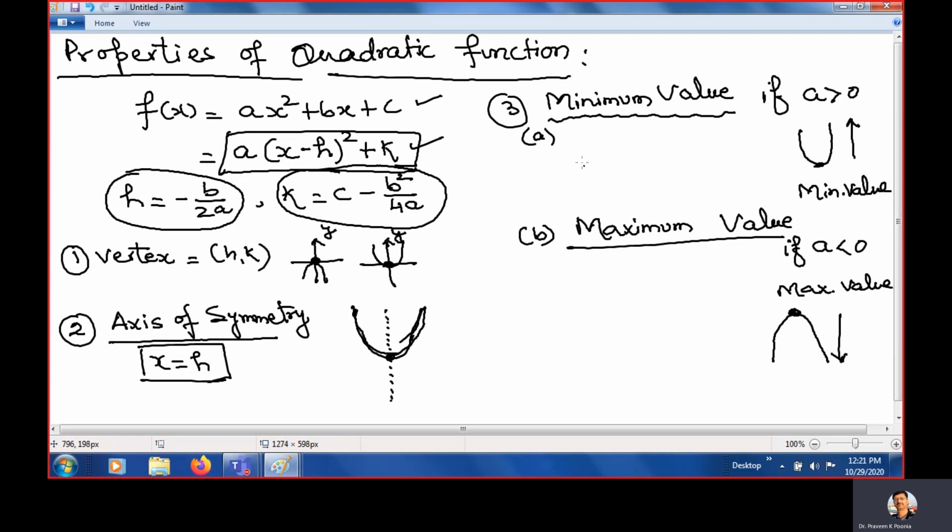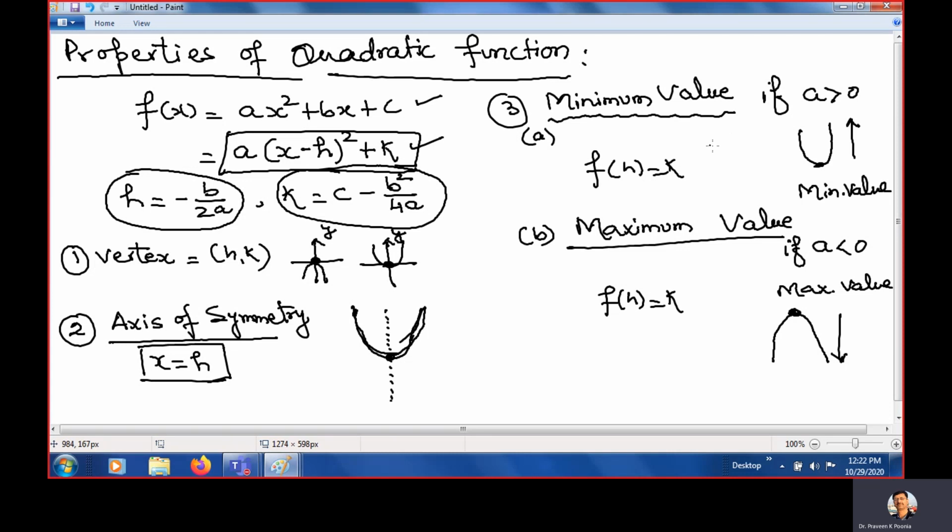The minimum value and maximum value are given by f(h) = k. So f(h) = k is the minimum or maximum value. In the exam we may ask whether in this parabola a minimum value or a maximum value exists.